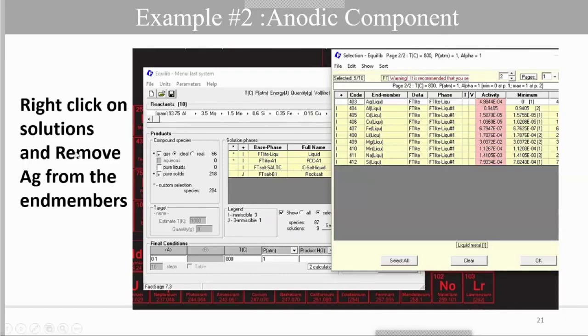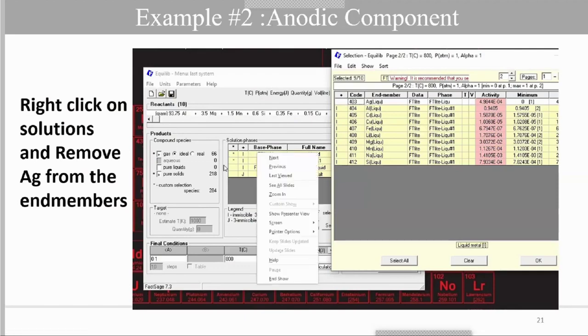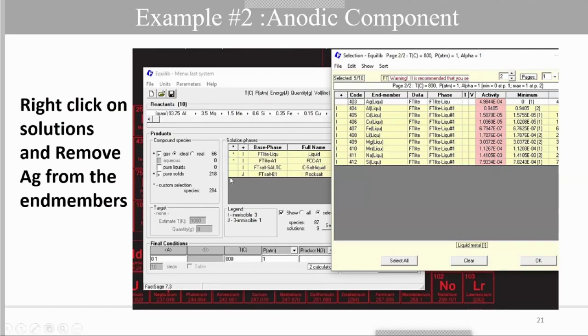On the solution that contains silver, what you need to do is remove silver as an end member. You right click on the solution right there, and then you get this menu, and you click on the plus or the I, the G, depending on what selection you had, and it's going to remove it.